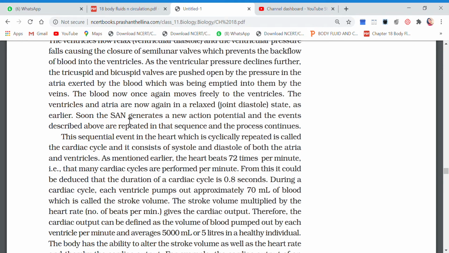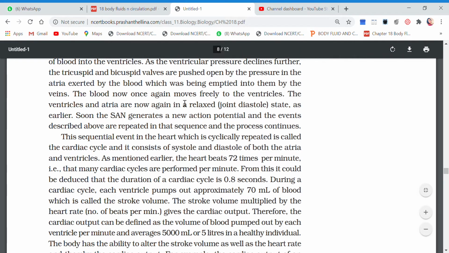Soon the SAN generates a new action potential. Now SAN will generate another action potential, and the event will be repeated again as we have described above. This sequential event in the heart which is cyclically repeated is called the cardiac cycle, and it consists of systole and diastole of both the auricles and the ventricles.